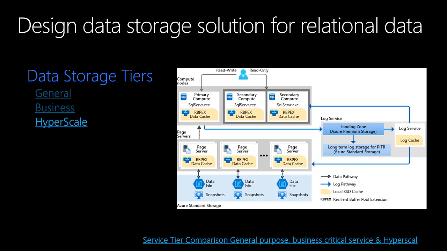The hyperscale service tier supports a broad range of SQL Server workloads from pure OLTP to pure analytics, but it's primarily optimized for OLTP and hybrid transaction and analytical processing workloads.